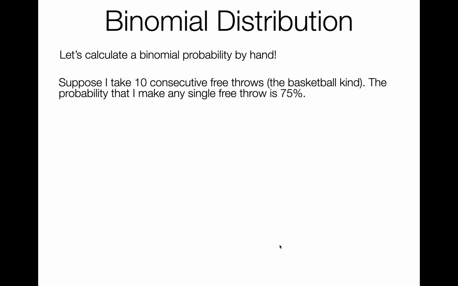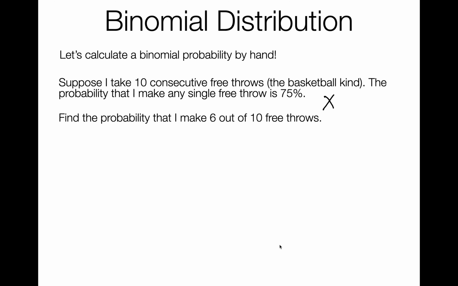We're going to make a random variable that counts the number of successes. Rather, let me actually ask the probabilities. Find the probability that I make 6 out of 10 free throws. All right, so we need a distribution to help us find this probability, and the distribution is binomial.